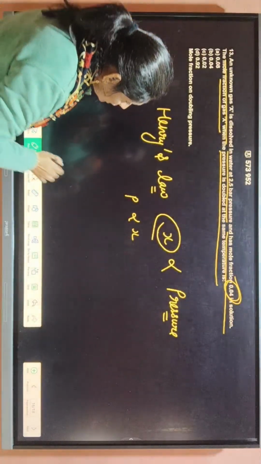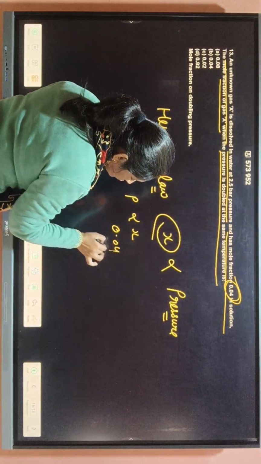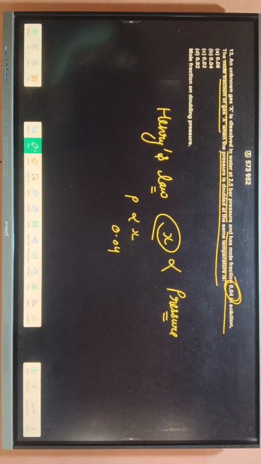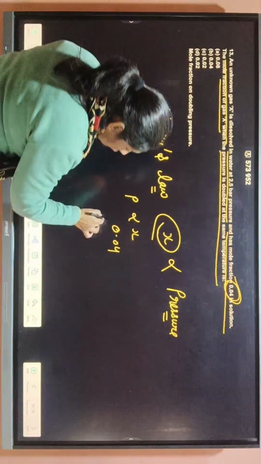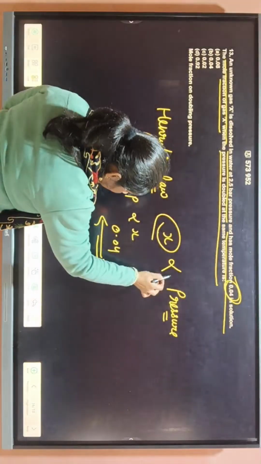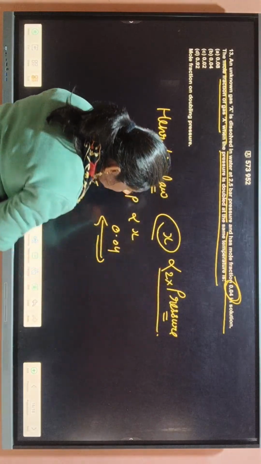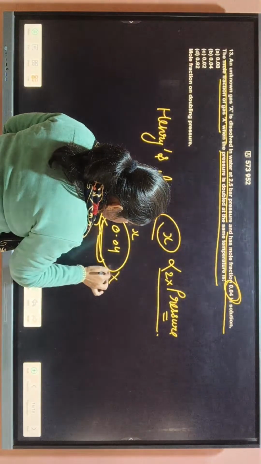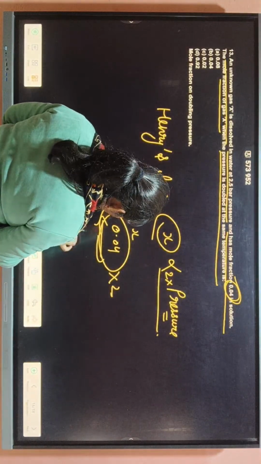Your mole fraction is 0.04. So what will happen if you double the pressure? If you double the pressure, its solubility will also increase. So it will also become 2 times.